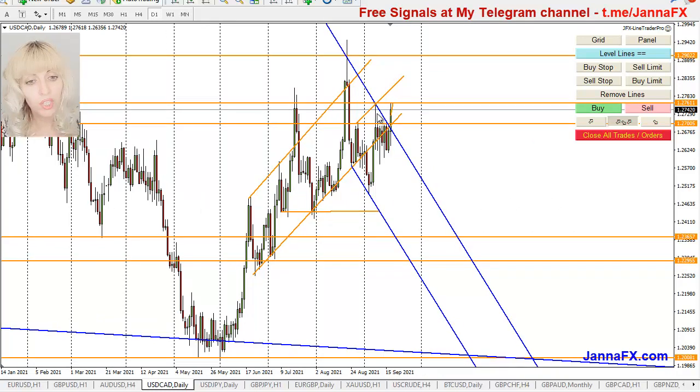Still the same situation, and here it still jumped up, and it could be a head and shoulders. At this moment I will not be excluding the possibility of it giving the right shoulder and turning around. Like I'm saying, with the news, if it's not very good news, it might do something like that.